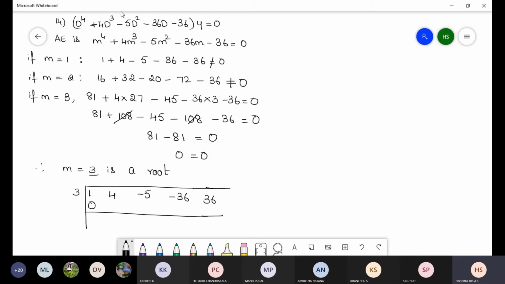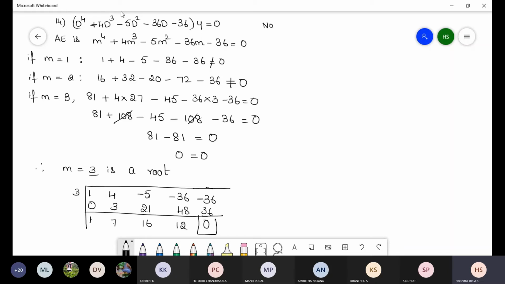First I write 0 here. 1 plus 0 is 1. 3 into 1 is 3. 4 plus 3 is 7. 3 sevens are 21. 21 minus 5 is 16. 3 sixteens are 48. 48 minus 36 is 12. So here I missed the sign. 3 twelves are 36. Minus 36 plus 36 is 0.